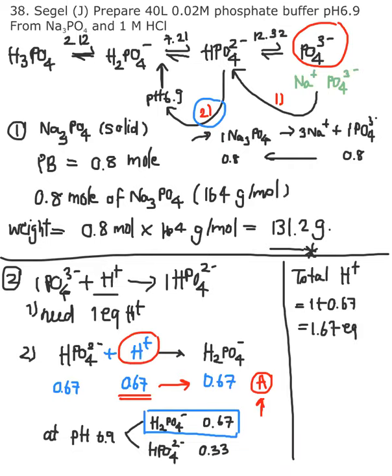And again, this is equivalence, so we need to calculate the mole of proton by multiplying the equivalence with the moles of the phosphate ion, because everything needs to be compared back to phosphate. So you get 1.336 moles.